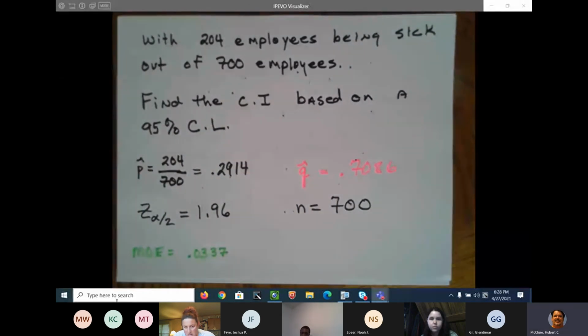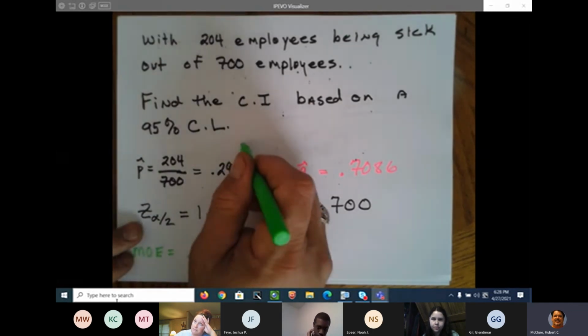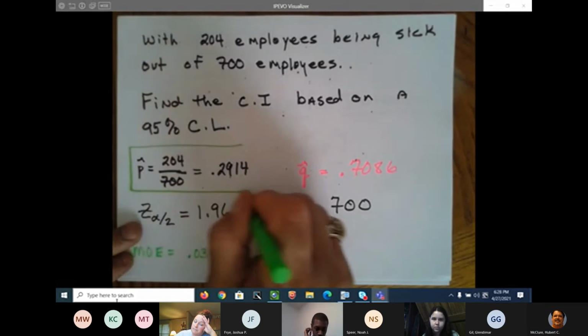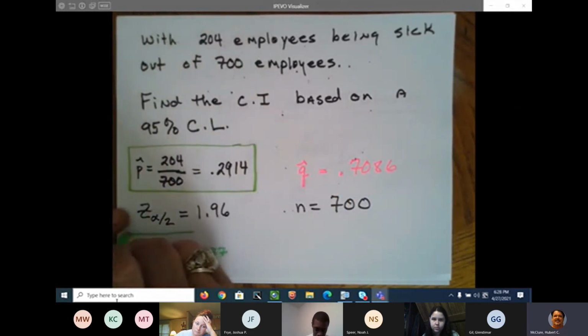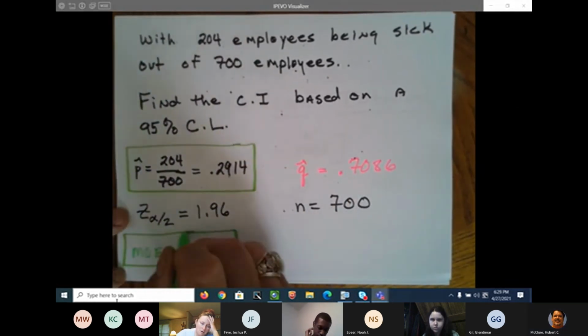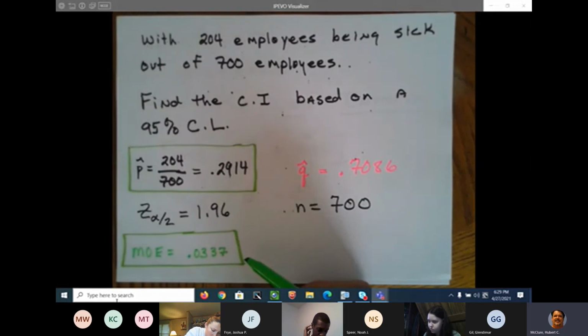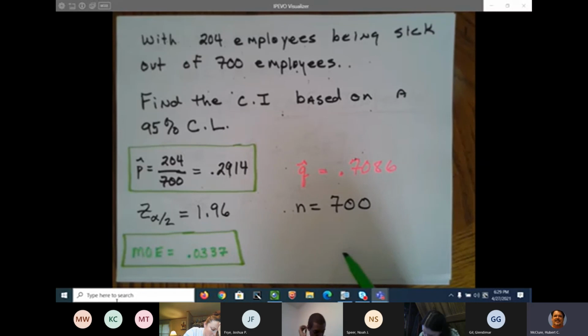Now, where are the two most important numbers? Remember, up until today, your two most important numbers were mean and standard deviation. Now, it's p hat and what? Margin of error. Because they're going to act like the mean and the standard deviation. Except you're just going to write it over here.